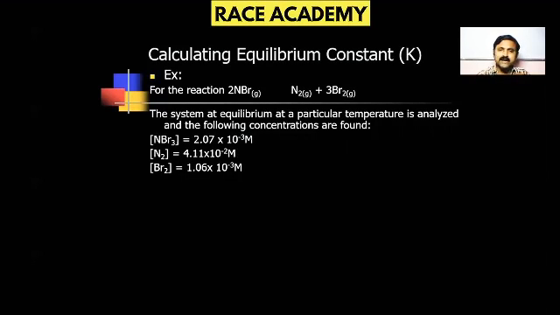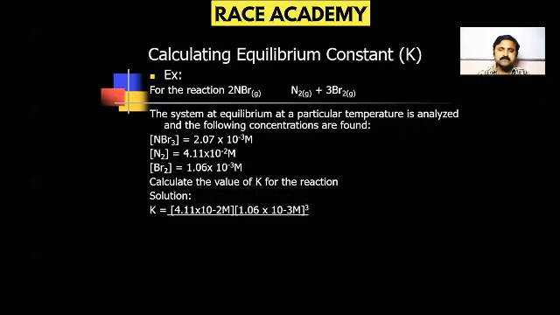So you need to find the equilibrium constant, meaning the concentration of N2 into the concentration of Br2 cubed, divided by the concentration of NBr3 power 2. If you substitute the values in this equilibrium constant expression, after substitution you will get K equals 4.11 times 10 to the power of minus 2 into (1.06 times 10 to the power of minus 3) whole power 3, by (2.07 times 10 to the power of minus 3) power 2.